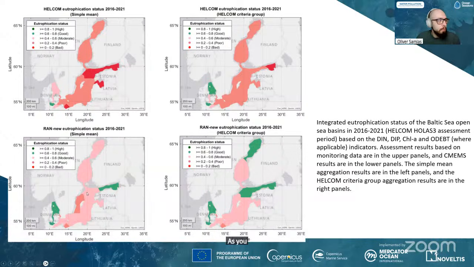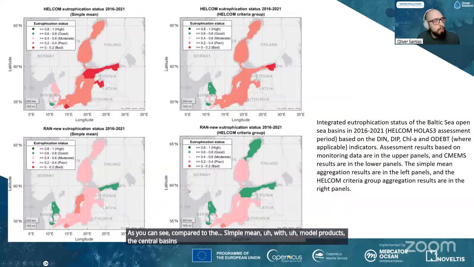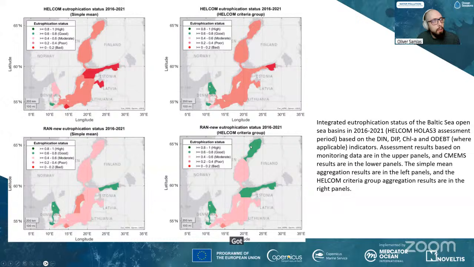As you can see, compared to the simple mean with the model products, the central basins, the Eastern Gotland Basin, got better, as well as the Bothnian Bay on the top, and also the central parts.